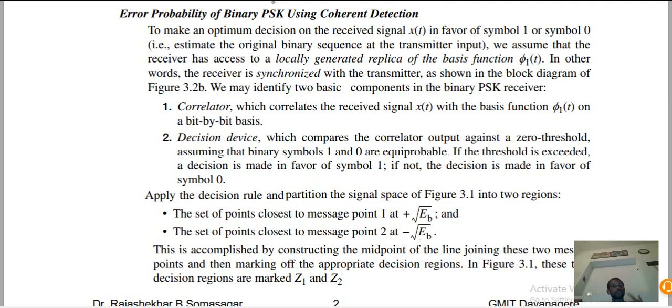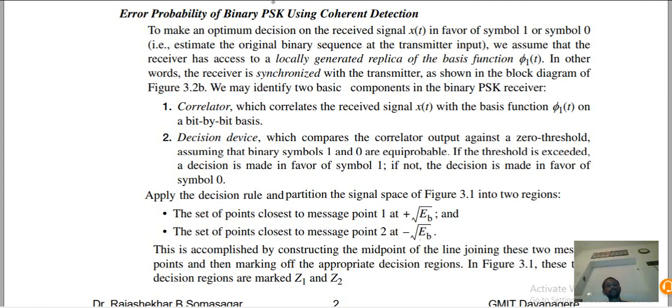We may identify two basic components in the binary PSK receiver. First, a correlator, that is the multiplier, which correlates the received signal x1 of t, meaning it finds the relationship or matches the received signal with the basis function phi 1 of t on a bit by bit basis.